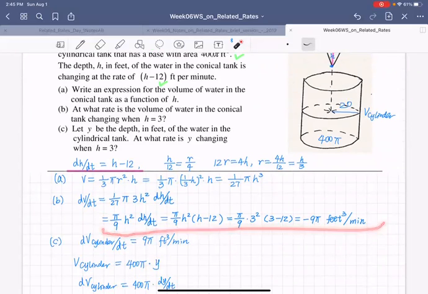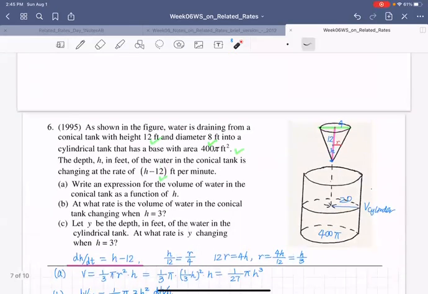That's for B. Now let's look at C. Go ahead, read this sentence, please. Let y be the depth in feet of the water in the cylindrical tank. At what rate is y changing when h equals 3? Okay.